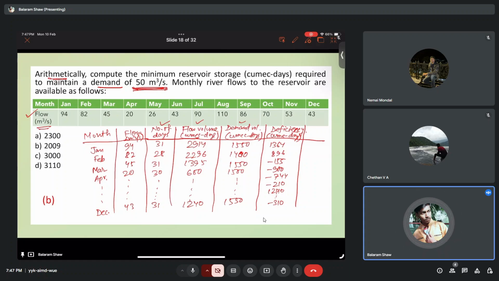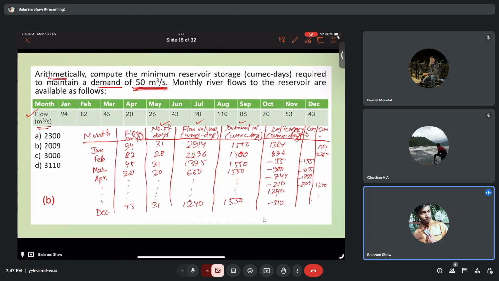So now what you will do? You will calculate the cumulative of this deficiency. In one column we'll calculate the cumulative of the negative values, and in another column the cumulative of the positive values. That is minus 155, minus 1055, minus 1799, minus 2009, and here we will have the positive values 1364, then 2260, 1240, and like that.